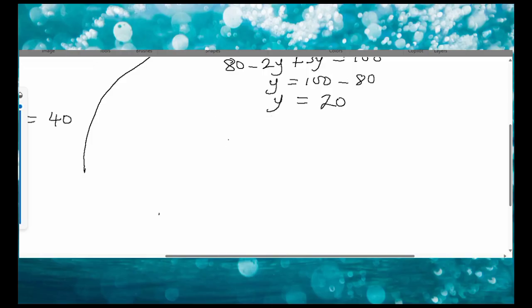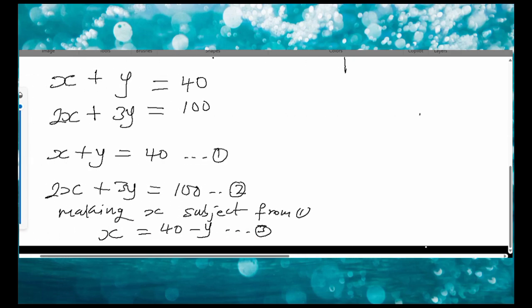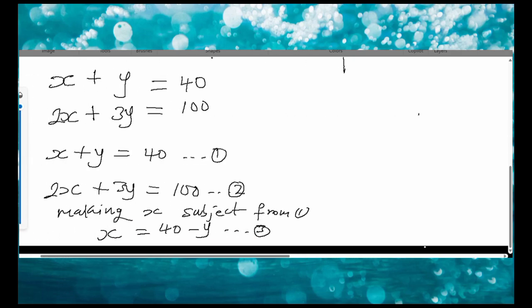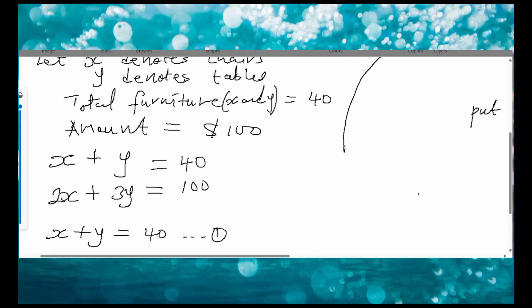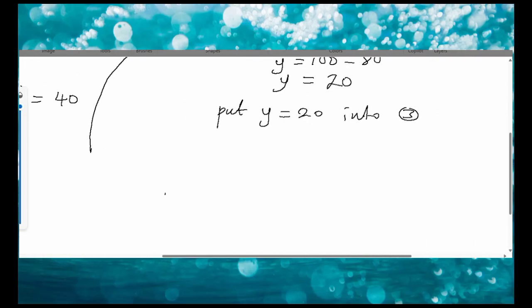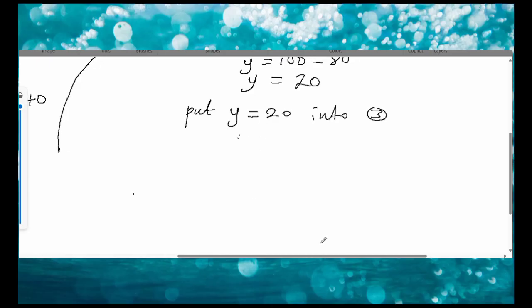Right? 20. And then what we're going to do next is we found the y, which denotes the tables, right? So it's left with the chairs. So we need to find x as well. So put y equal to 20 into equation 3. Equation 3, we said x is equal to 40 minus what? y. That's equation 3, right? x is equal to 40 minus y.